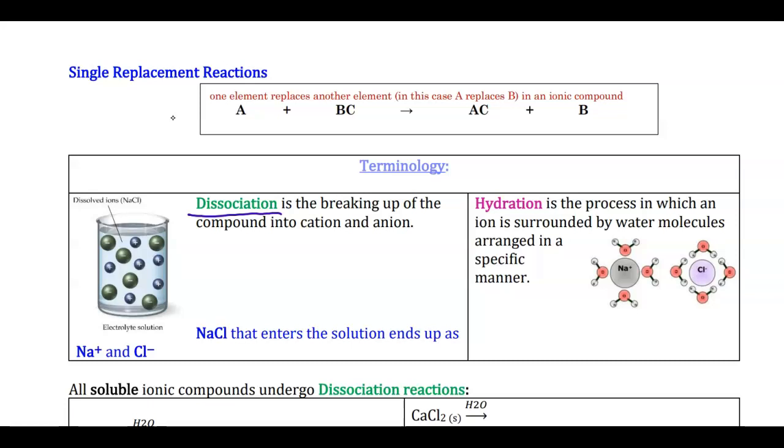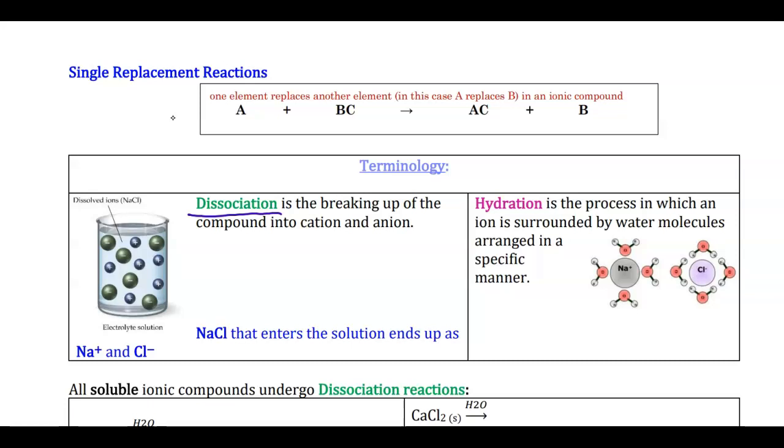So from a solid to a liquid state. For example, when we put a certain amount of table salt, sodium chloride, into water, sodium chloride immediately begins breaking up into sodium cation and chloride anion.